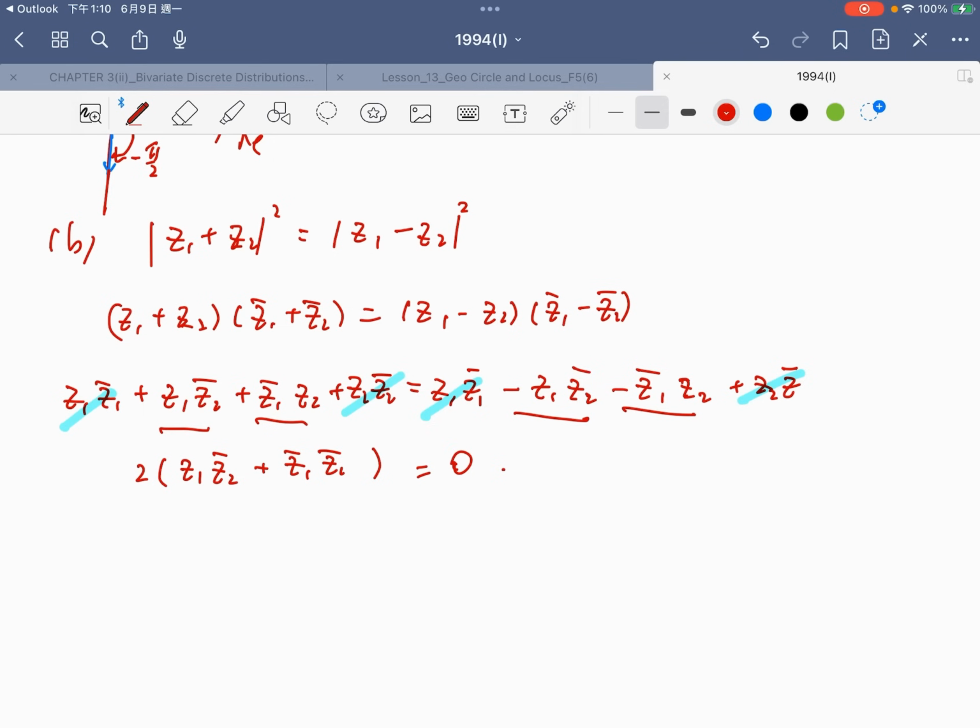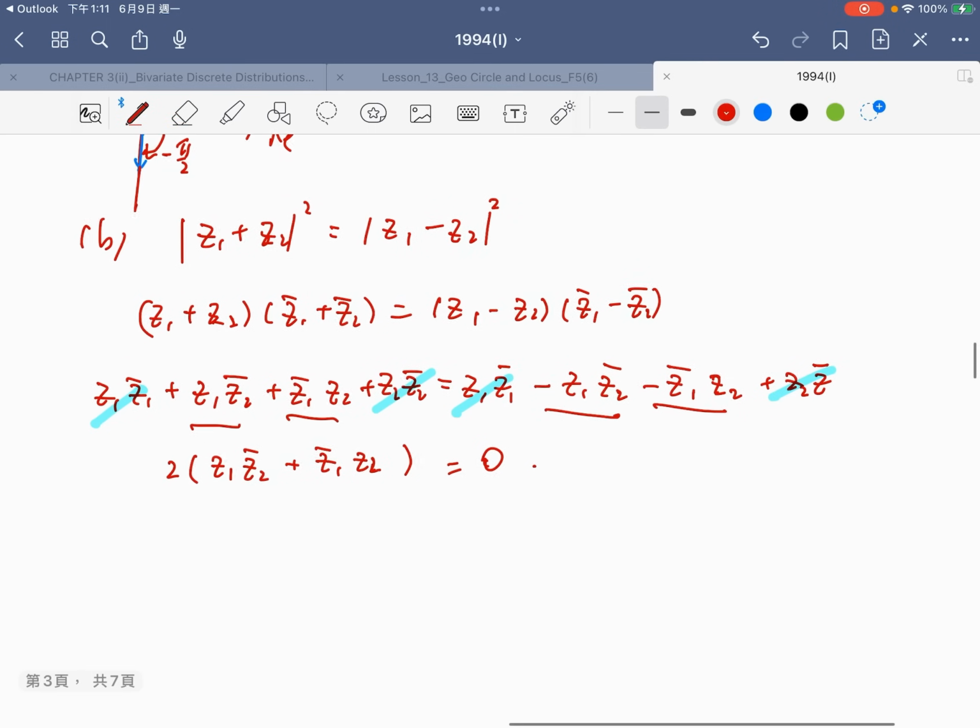Yeah, and because z1 and z2 are non-zero, then we can divide both hand side by, oh, I make mistake here. This is, yeah, z2 conjugate here. And both hand side divided by z1 conjugate and z2, yeah, z2 conjugate and z2.